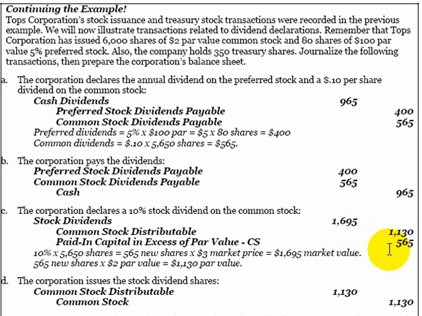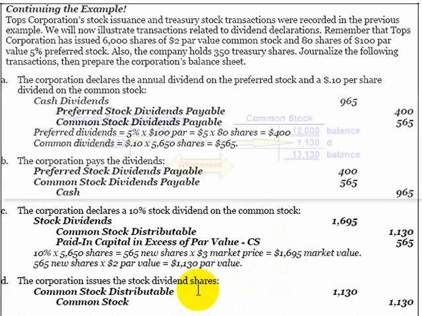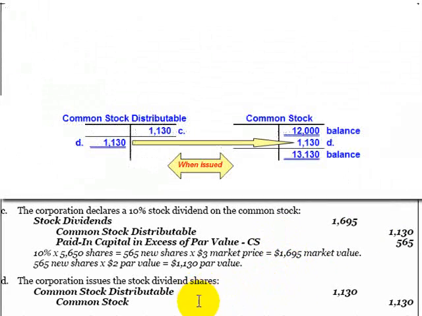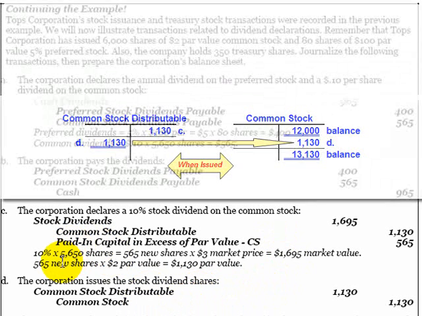Some corporations might use a separate paid-in account, but our module uses the same original paid-in capital and excess of par value account that we used in the last exercise. When the stock is distributed, we will debit common stock distributable and credit common stock, and now the par value of the shares will be in the common stock account. Likewise, the number of shares issued and outstanding will have gone up by 565 shares.